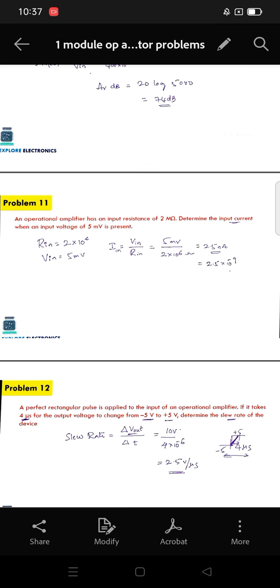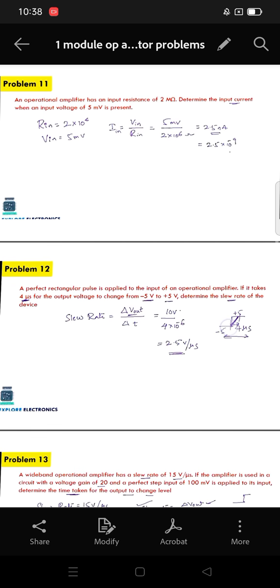We have to find the input current, that is I equals V by R. Therefore Iin equals Vin by Rin. Then substitute the values of Vin and Rin. You will get the answer as 2.5 into 10 power minus 9 ampere, which is 2.5 nano ampere. Next, go for the next question.